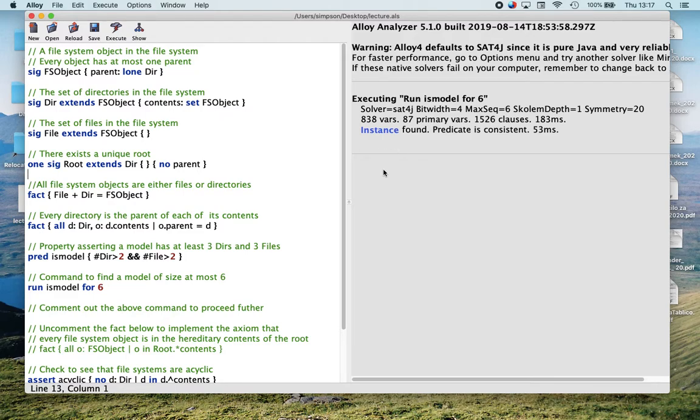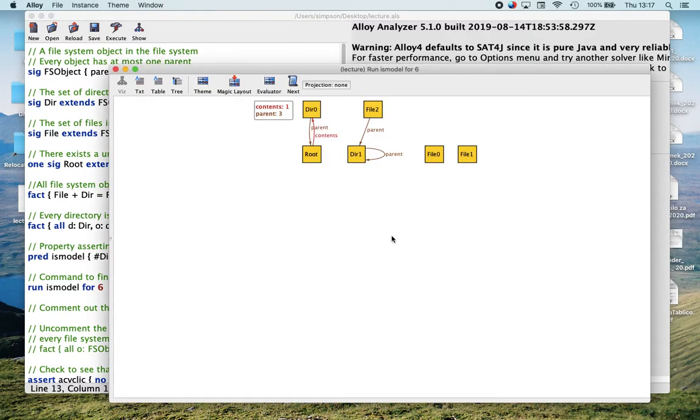So one of the nice things about this kind of tool is that we can click on instance and have a look at a visualization of the model. So if we do that, here we have the model that's been found. So we've got the root here, which is of course a directory, the 2 other directories, and 3 files. So we have 3 directories and 3 files.